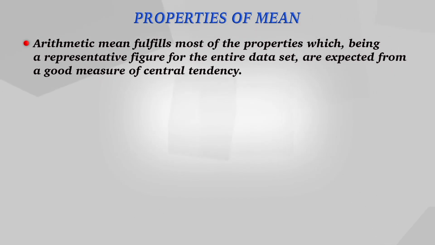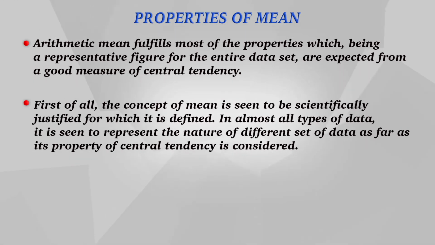As we know, arithmetic mean fulfills most of the properties expected from a good measure of central tendency, being a representative figure for the entire data set. First of all, the concept of mean is scientifically justified for which it is defined.